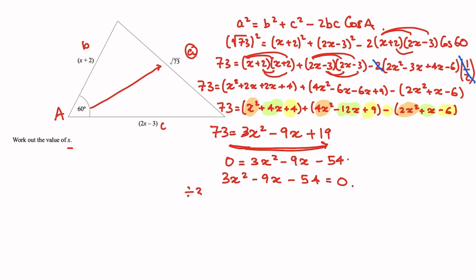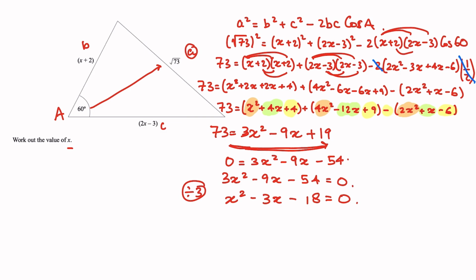So if you divide it by 3, it gives us x squared minus 3x minus 18 is equal to 0. And again, we can factorize it from here. Two numbers that multiply together to give us 18 are 6 and 3. And in order to get minus 18, one of the numbers has to be negative.